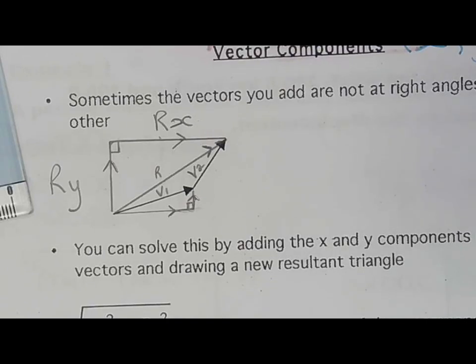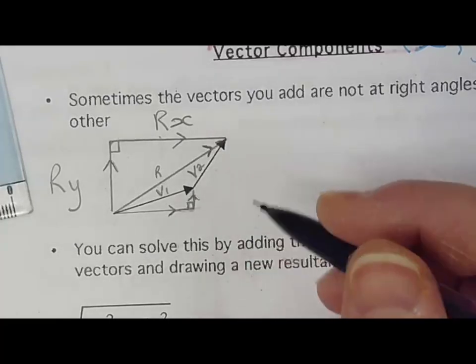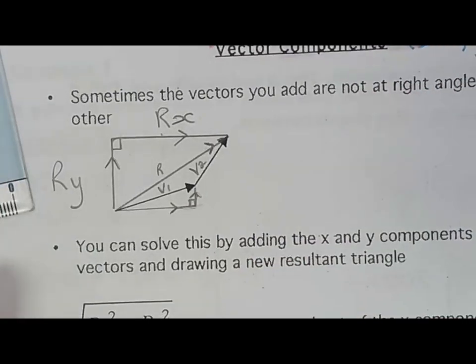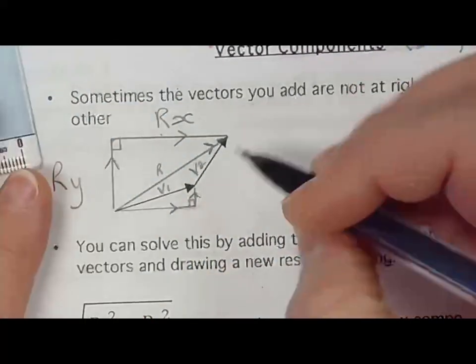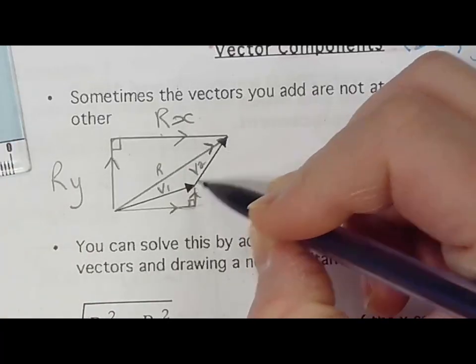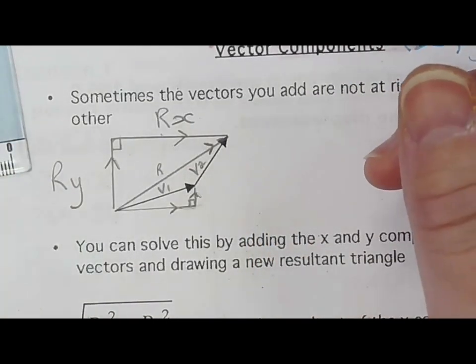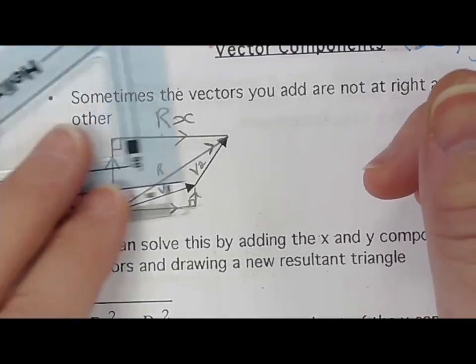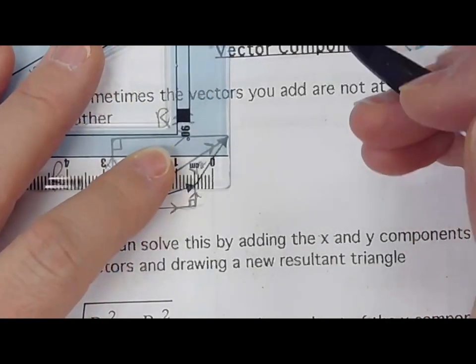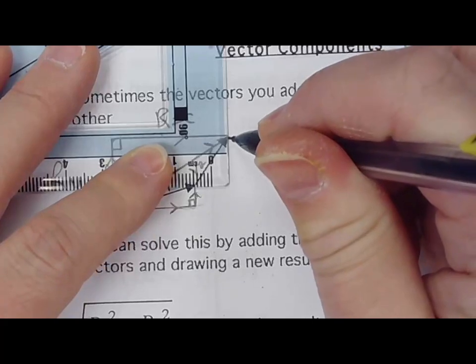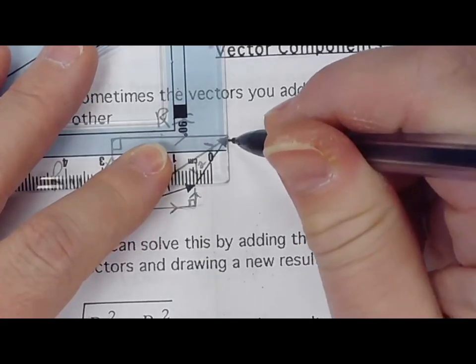Then I'm going to label it for you guys. I think we'll draw both of them first, just so you can see where you can write and where you can't. So I'll add the next drawing. The next drawing is for this vector here, vector 2. Vector 2 also has two components that I can use to make it a right angle triangle. Thusly, oh, I want to move it up a little.